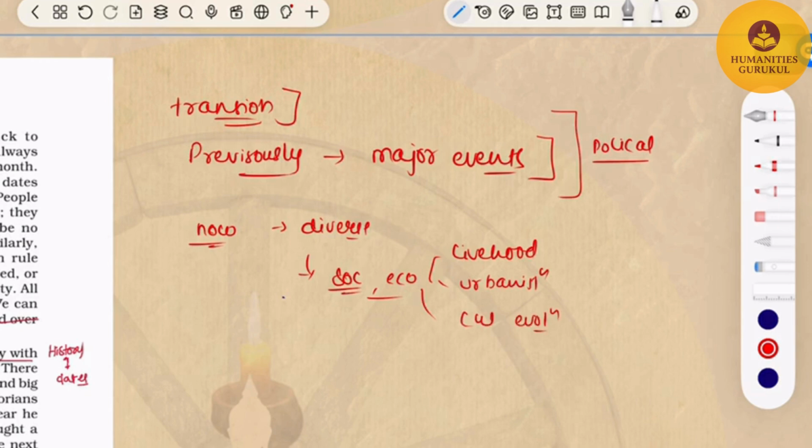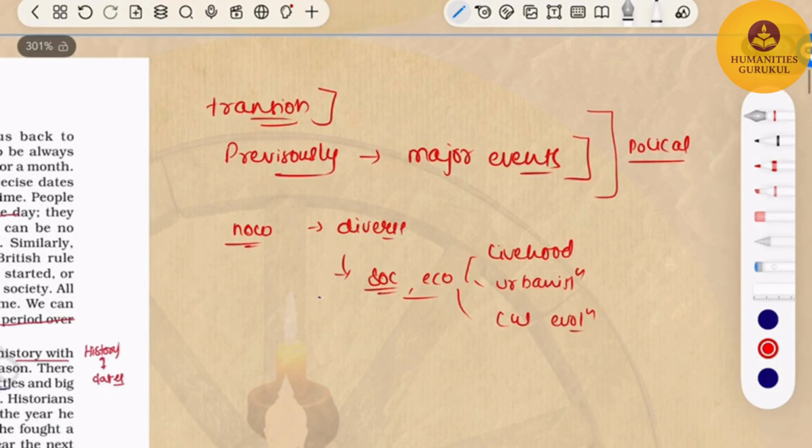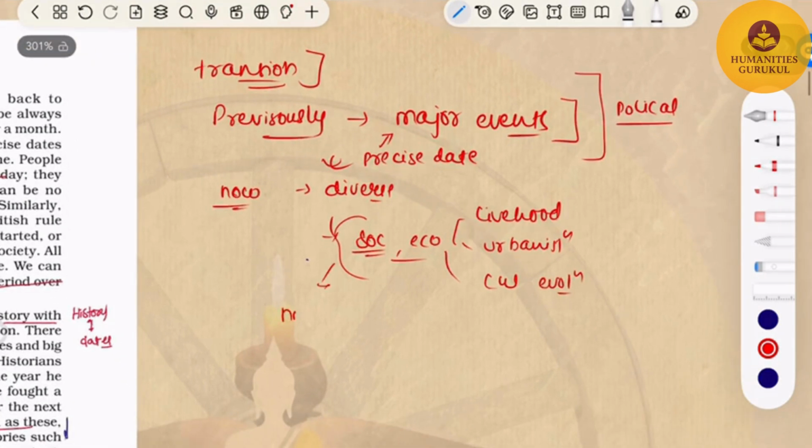So you are noticing one thing: in the events, a precise date is important, but in these topics, it is not required.